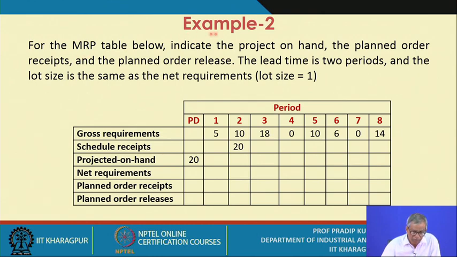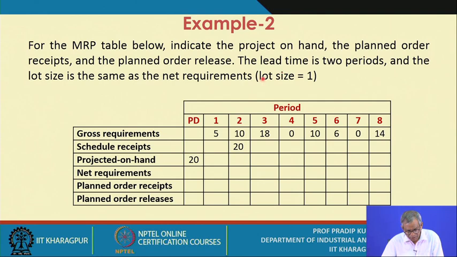So I refer to the next example: for the MRP table below, indicate the projected on hand, the planned order receipts, and the planned order release. The lead time is 2 periods, and the lot size is the same as the net requirements.